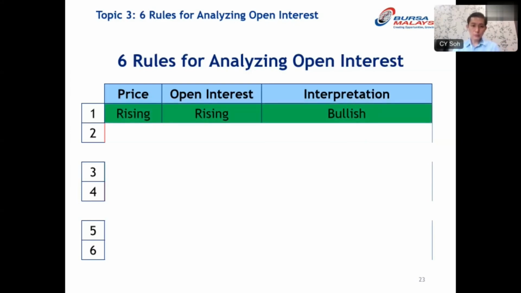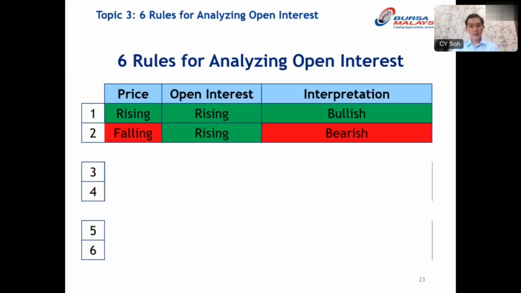The first rule is that if price goes up and open interest increases, the market is bullish. Rule number 2 is that if price comes down and open interest increases, the market is bearish. More bears are entering the market.